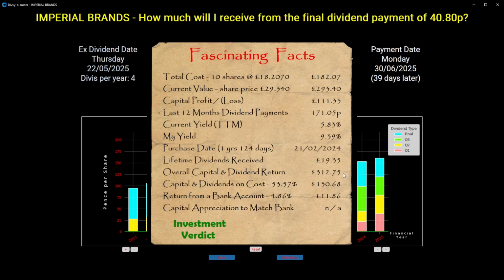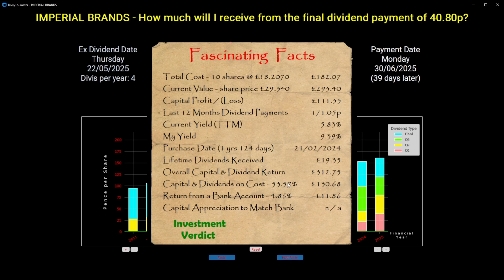That includes the cost of the shares, which is £130.68 over cost, which is an annualised return of 53.57%, and the return from a bank, if you'd been in a base rate tracker over the same period, would be about £11.86, which is a 4.86% return.